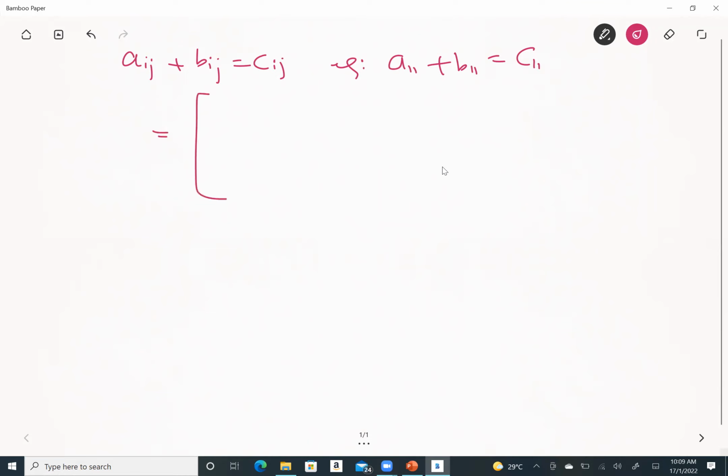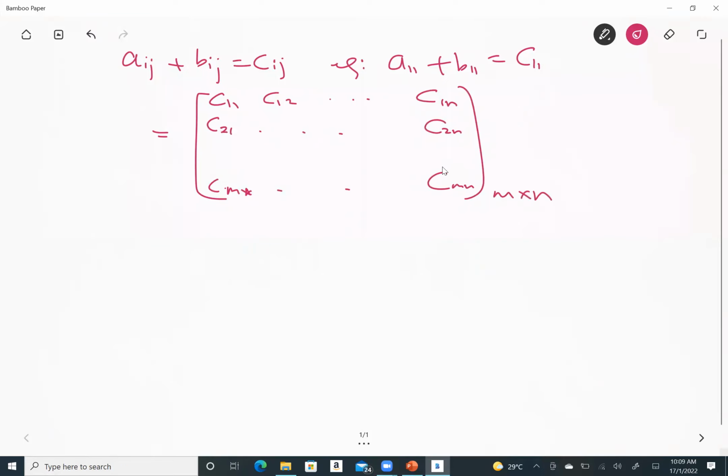That will be equal to C11, C12 up to C1n, and you can continue C21 up to C2n, and that will be CM1, all the way to CMN. So you got M by N matrix.